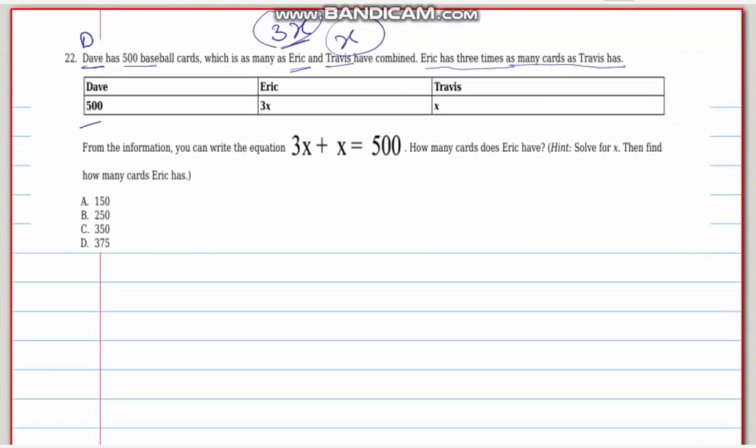So let me explain the question again. Dave has 500 balls, 500 cards, and we don't know how many Eric has, and we don't know how many Travis has.